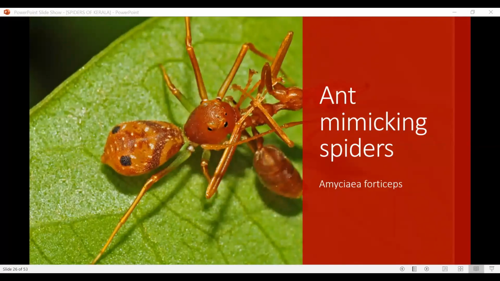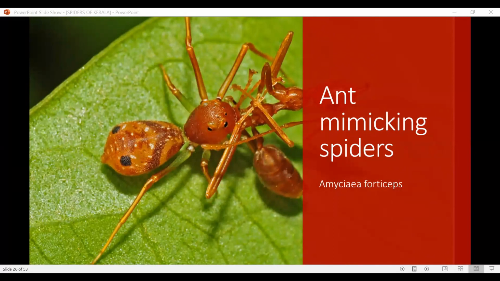Now, there are several methods by which spiders mimic ants. One is morphological, visual mimicry, as you can see in the case of this Amycia as well as in the Myrmarachne. They are morphologically mimicking. Scientists call this Batesian mimicry.